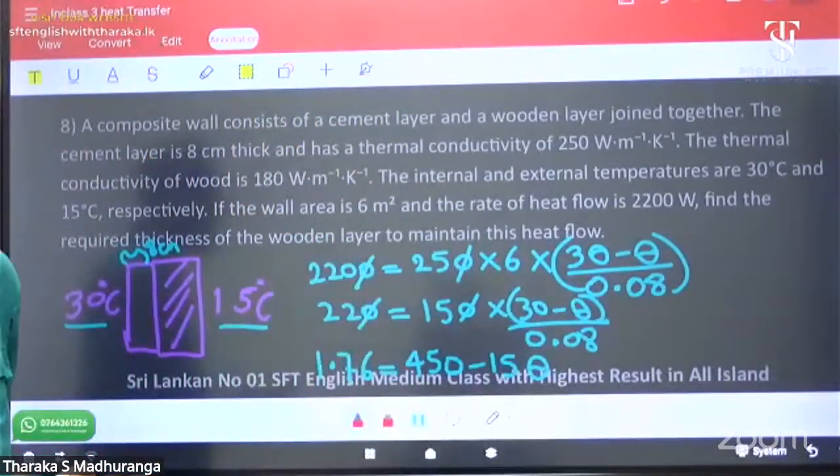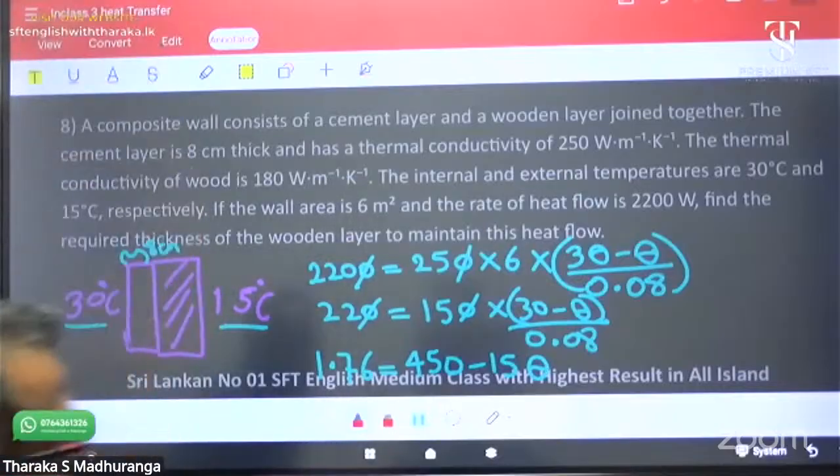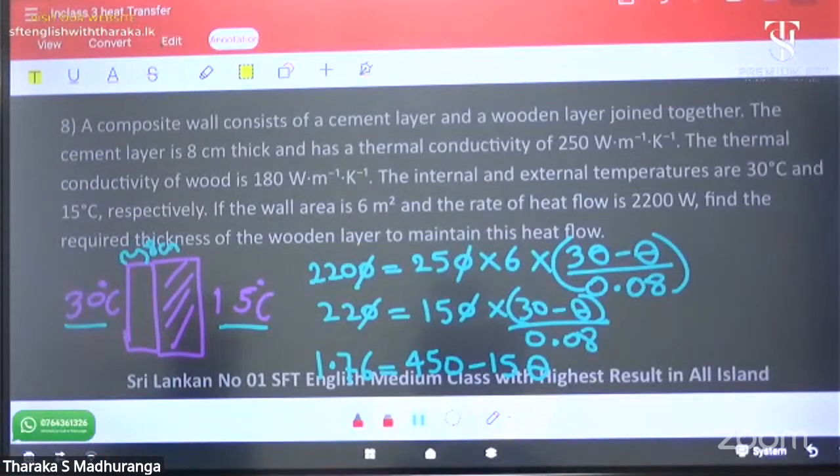Now you can isolate the theta. 450 minus 1.76 divided by 15.